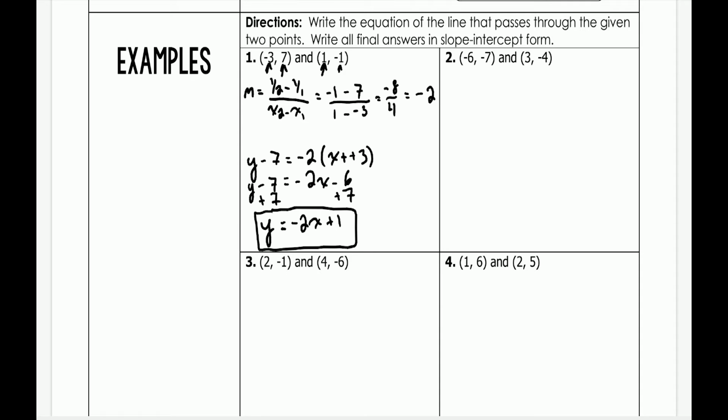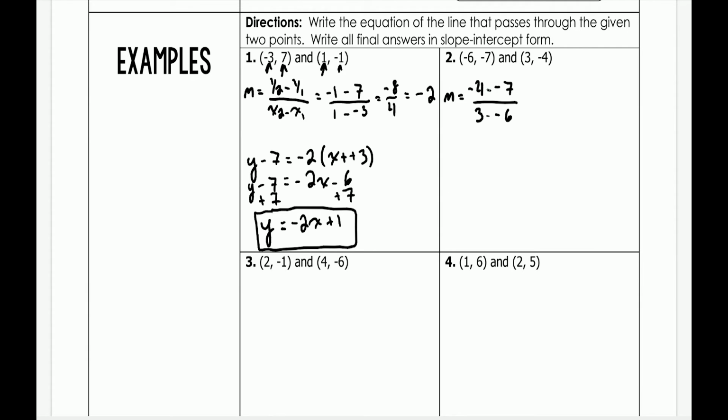Same thing as we did in number 1. We have 2 points, -6, -7, and 3, -4. The very first thing we need to do is discover what the slope would be. So again, we're going to use the slope formula: y2 minus y1 over x2 minus x1. That's -4 minus -7 over 3 minus -6.